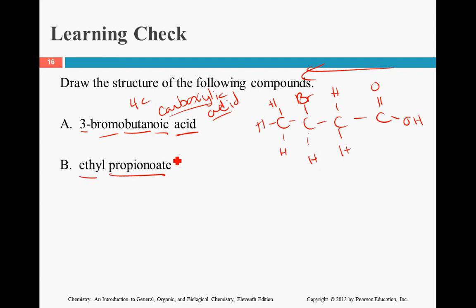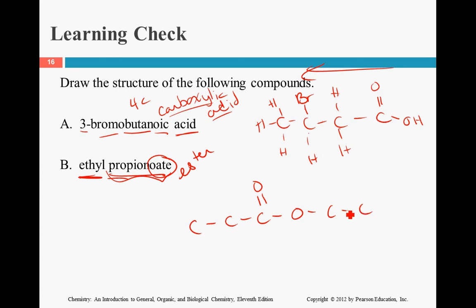Ethyl propanoate. So oate means it's an ester. Prop means that there are 3 carbons. And that's going to be the one with the double bond, because of the fact that it's written second. Then we're going to have another oxygen here, and on the other side of the oxygen we'll have an ethyl group. From here we just fill in the hydrogens.